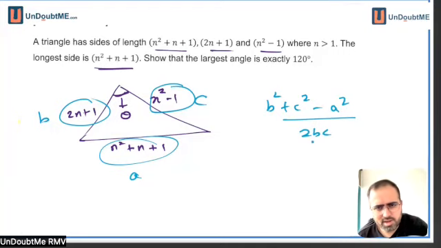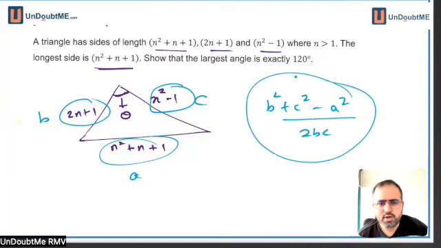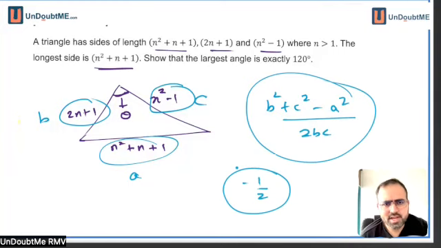Just plug the ABC values over here. It will be complicated in solving because it's a typical algebra question. But after solving, you have to make sure that this thing reduces to negative 1 by 2. Just check it in the calculator: the value of cos 120, is it negative 1 by 2?